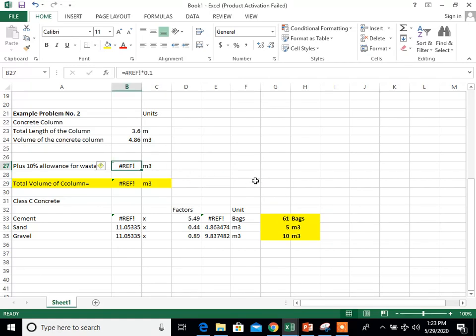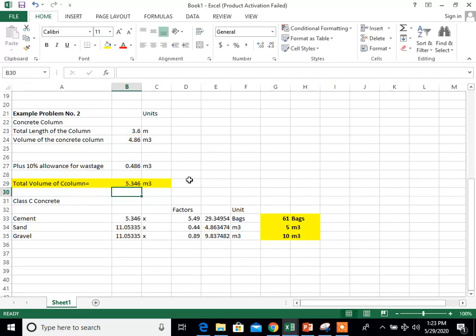Then next, for procedure number 2, we will allot for the allowance for wastage. So allowance for wastage is the volume of the concrete column times 10%. So 4.86 times 0.1 is 0.486. Then to determine the total volume of concrete column, we add 0.486 plus the volume of the concrete columns.